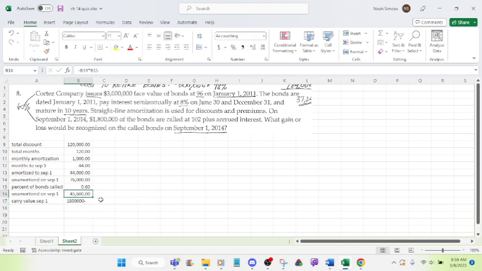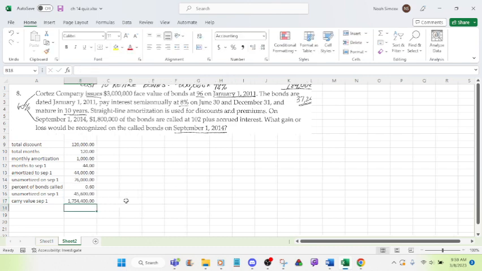And carry value this, and selling price is going to be equal to 1/800,000 times 1.02, because apparently we ignore accrued interest.